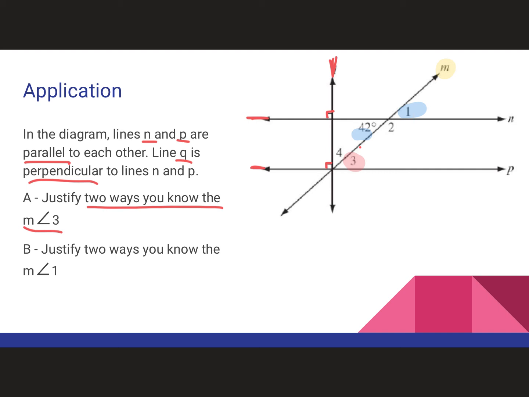So then I know that the measure of that is also 42. And then angle 3 and angle 1 are corresponding angles, so that one's also 42. So that's one way I know, is because angle 1 is 42 because it's vertical to the angle that's given the measure 42, and then 1 and 3 are corresponding angles.